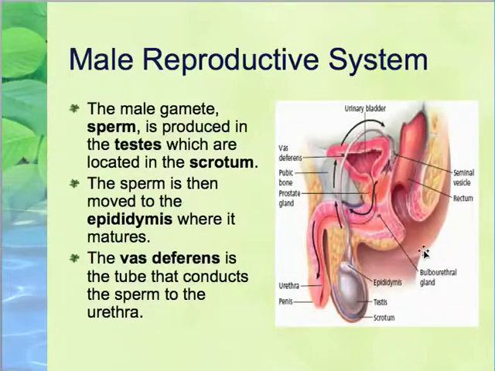In the male reproductive system, sperm, which is the gamete or sexual reproductive cell, are produced in the testes. The testes are located in a scrotal sac, and the scrotal sac has an evolutionary advantage. You see, sperm, just like any other cell, thrives in certain conditions, a certain warmth, a certain pH, and all that.